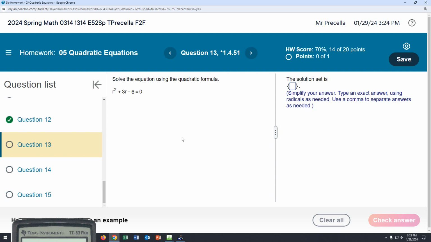So you have a negative 3 plus minus, let me draw my square root symbol, and I encourage you to do the b squared part in your head, and if you can't do it in your head, then a calculator. 3 times 3 is 9, okay, so 9 minus 4 times a times c, so minus 4 times a is 1, c is negative 6, all over 2 times a.